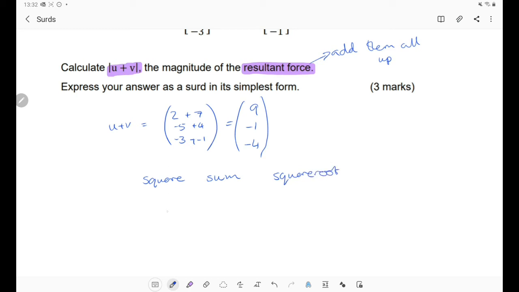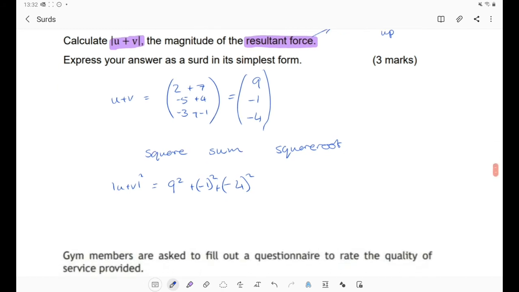Square. So we've got 9 squared plus minus 1 squared, plus minus 4 squared. Now, as with Pythagoras, you don't immediately find C in C squared equals A squared plus B squared. You're finding C squared.